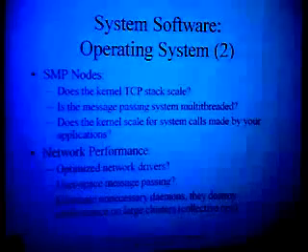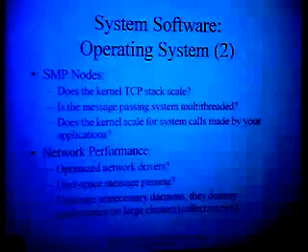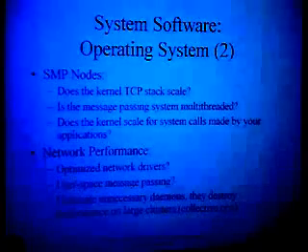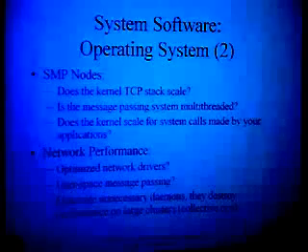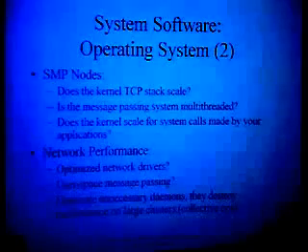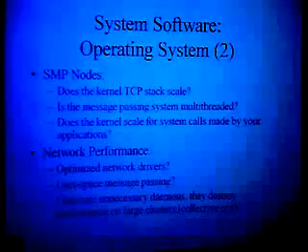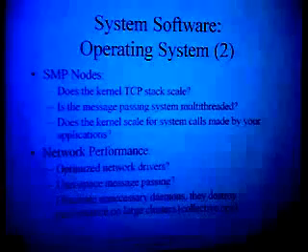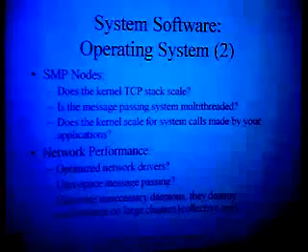If you have a cluster built with dual processor nodes, whether or not you actually get the benefit of both of those processors has a lot to do with how the operating system actually manages those CPUs, whether or not they can both communicate equally with the network card, or if there are artificial software bottlenecks that prevent this from happening.